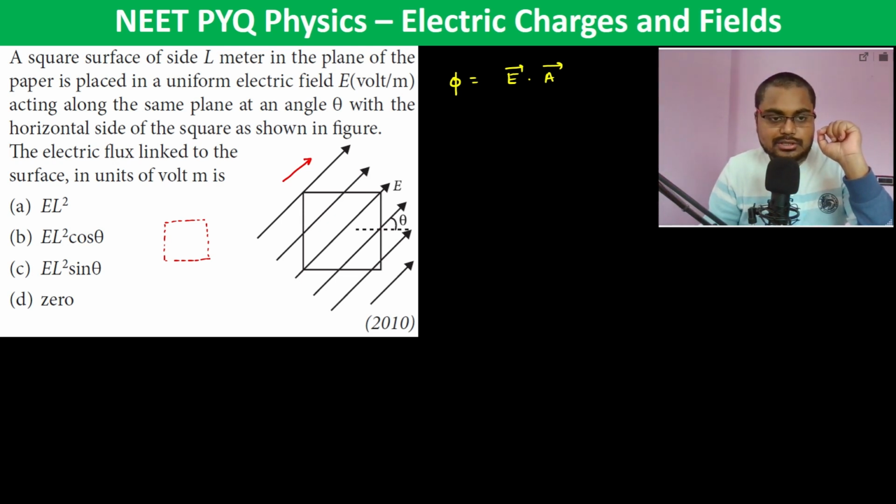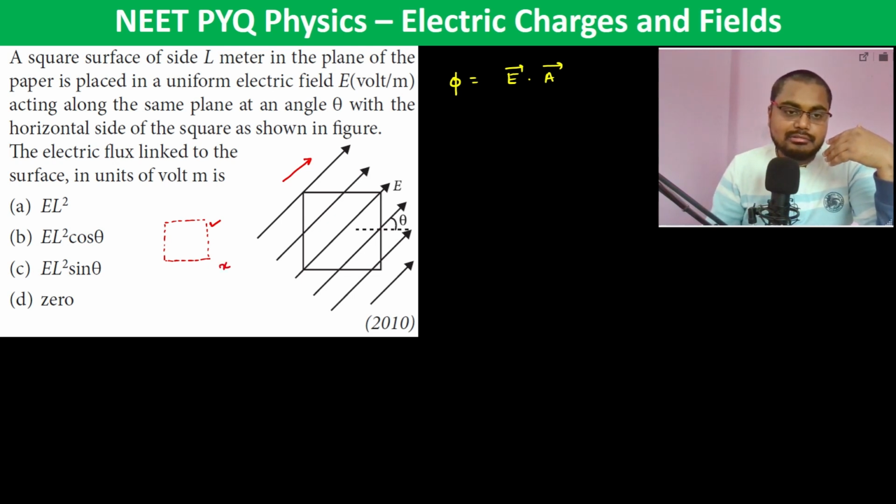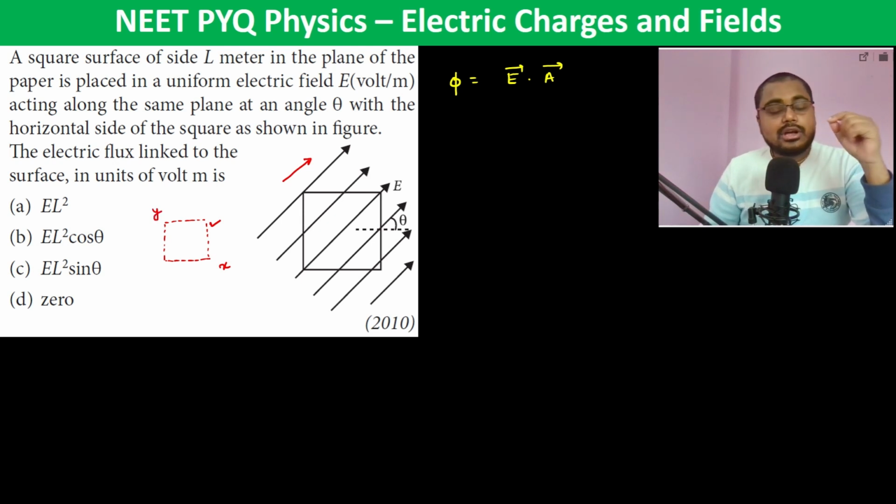So this is the square, and the plane of the square is the XY plane. Perpendicular to this plane is going to be the area vector of this square.